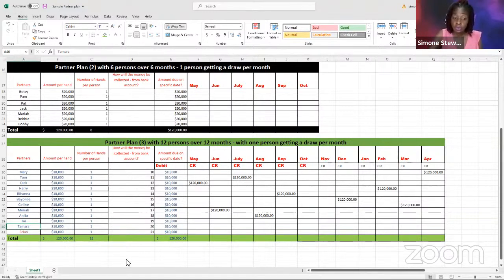Because if this person drops out, it means that come June, you will not have the full hand. And if the person who gets their full draw in June drops out, and that keeps happening, eventually everybody will not get their full hand. So you want to be doing this business, guys, with persons who are trustworthy, persons who have integrity and will indeed make their deduction and contribution each month, right? And remember that everybody is benefiting.